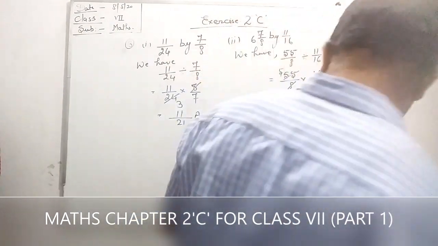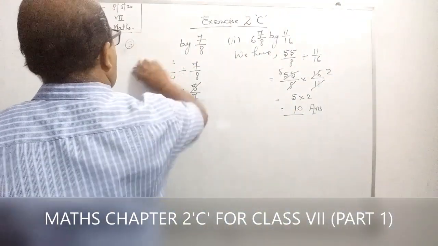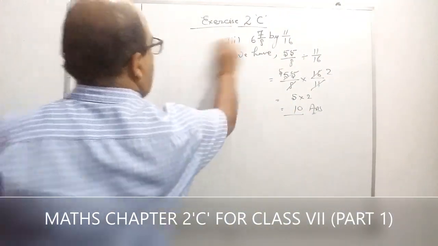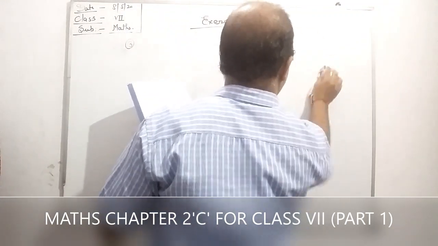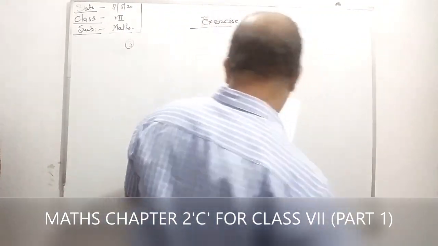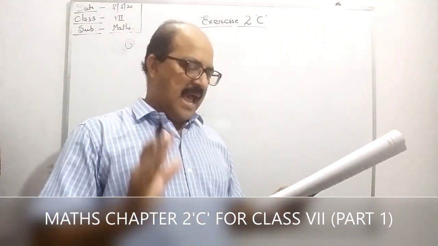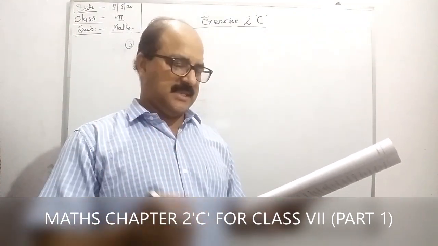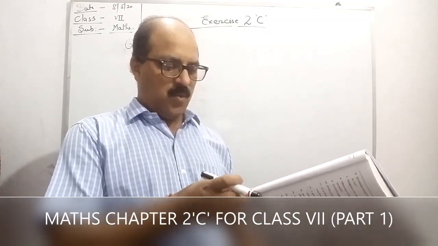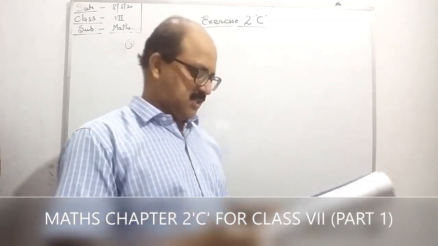Now question number 4. A rope of length 13 whole 1 by 2 meter has been divided into 9 pieces of the same length. What is the length of each piece?